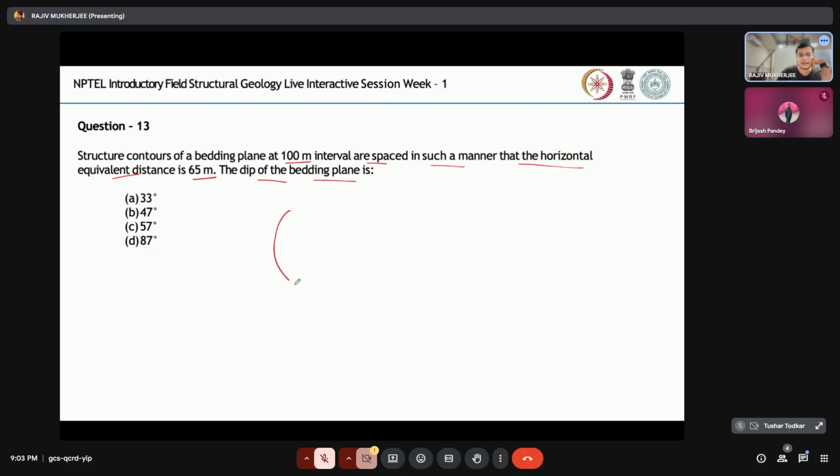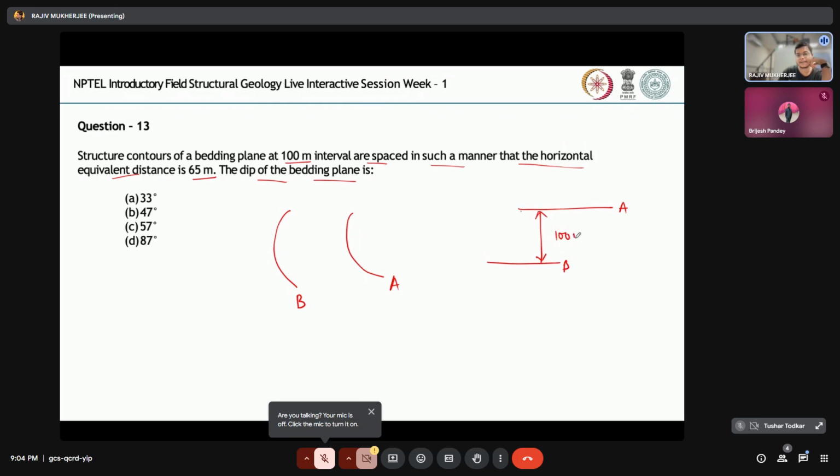So in a map you see contour A and contour B. 100-meter intervals are in the profile section. So if there is contour A here, then contour B is over here, and the actual vertical distance between them is 100 meters, but in planar view it appears as 65 meters.